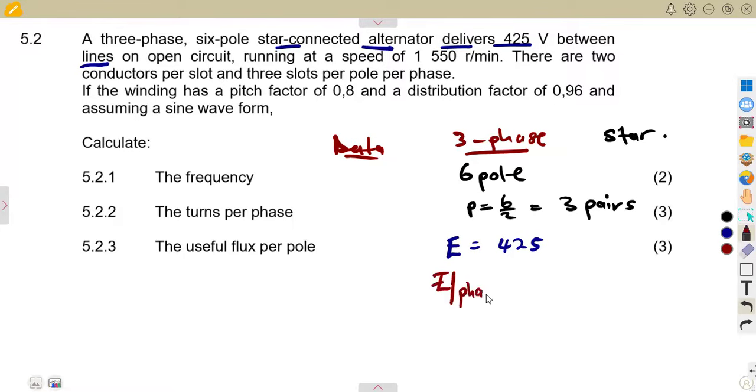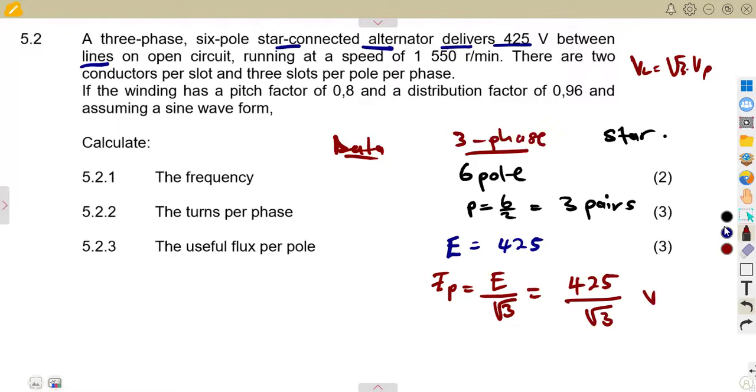You can write EP if you do not want to make a mistake there, which is E over the square root of 3. Remember, it's a star. In a star, the line voltage is equal to square root of 3 times the phase voltage. So you need the phase generated EMF, which is 425 over the square root of 3. This is the one that you use in your calculations.